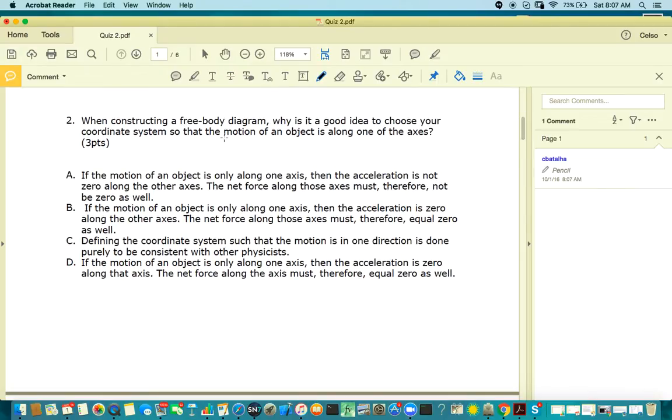When constructing a free body diagram, why is it a good idea to choose your coordinate system so that the motion of an object is along one of the axes? Well, the reason is, when you have several forces acting on something, you could put your axes like this, y and x like that.